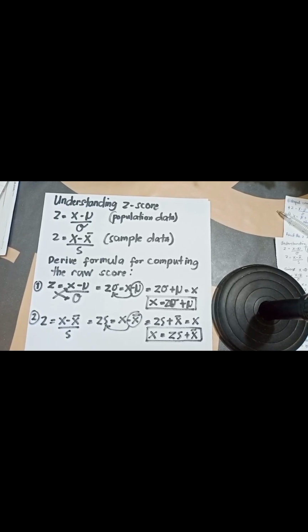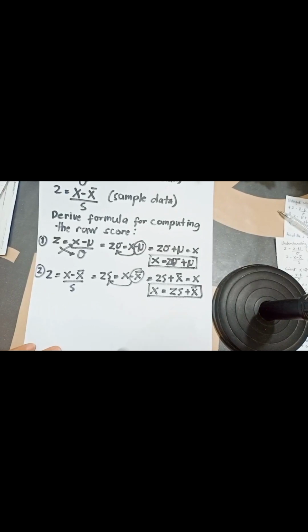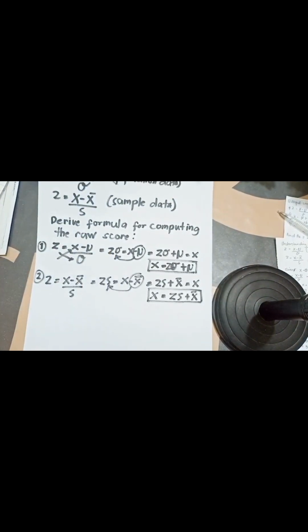Okay, so how are we going to derive a formula for computing the raw score given this formula for population data and sample data? We can derive the formula by simply cross multiplying the given formula.